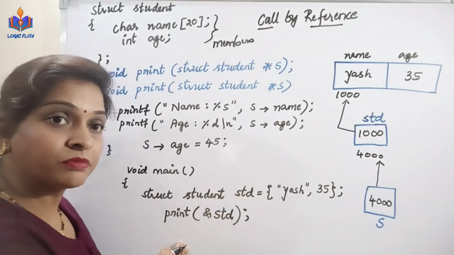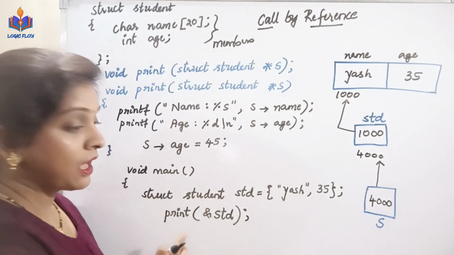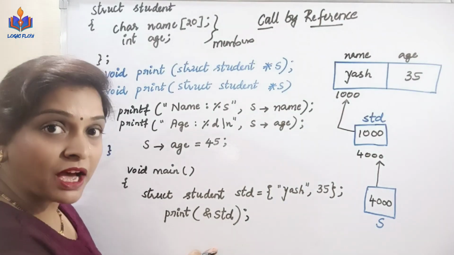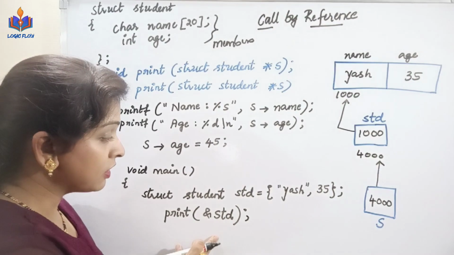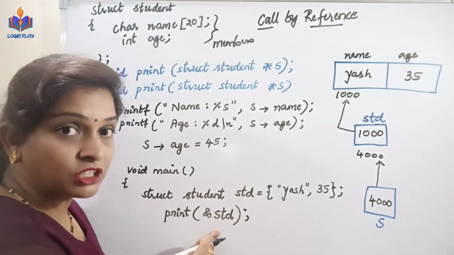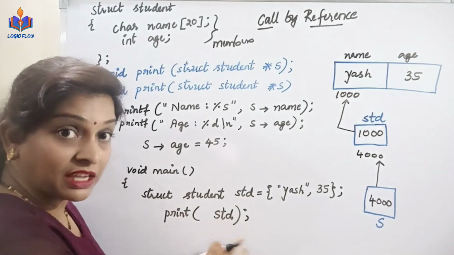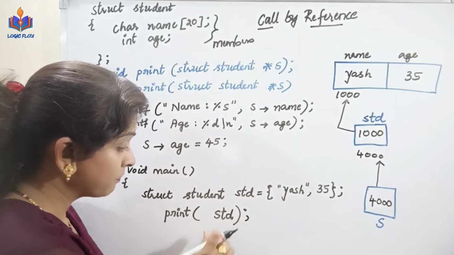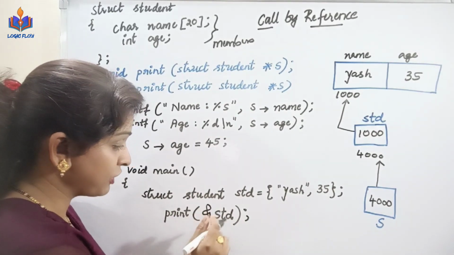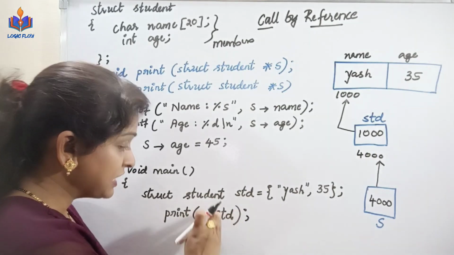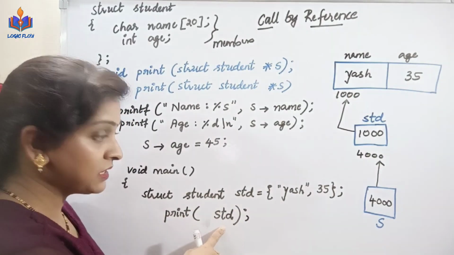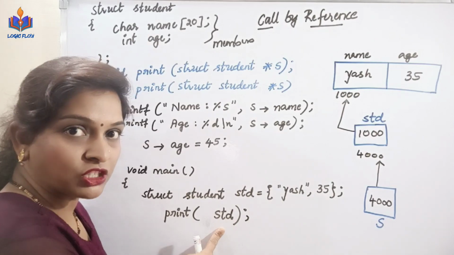Then I call the print function, and in this print function I am passing an argument. Here I am not passing the copy of the structure. I am not just saying std, I am saying ampersand of std. If it was just std, then I would be sending a copy of the structure.